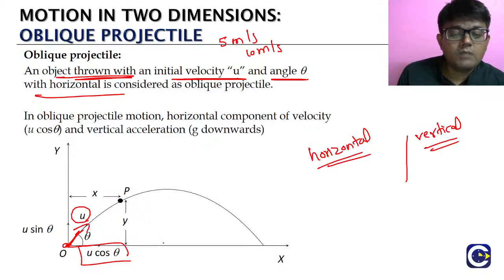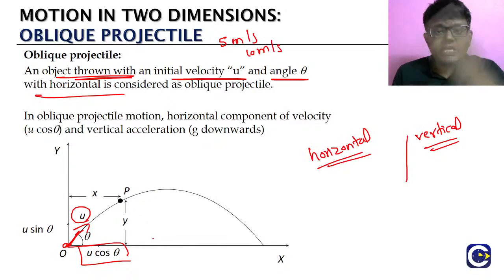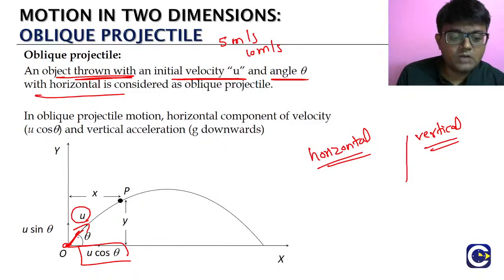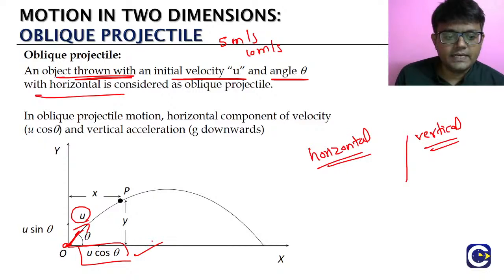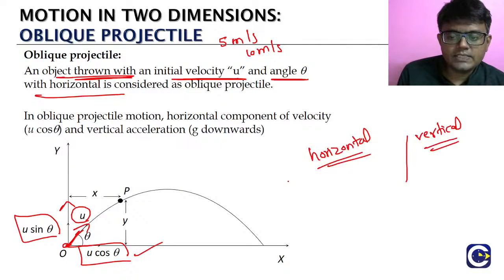So the horizontal component of velocity is u cos theta, and the vertical component of velocity is u sin theta. So in the horizontal direction, the initial velocity is u cos theta.